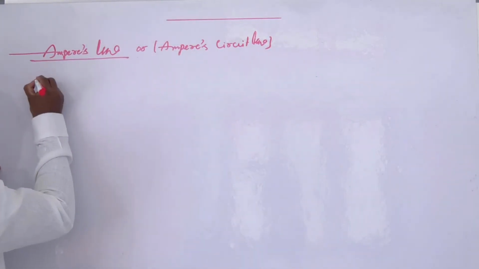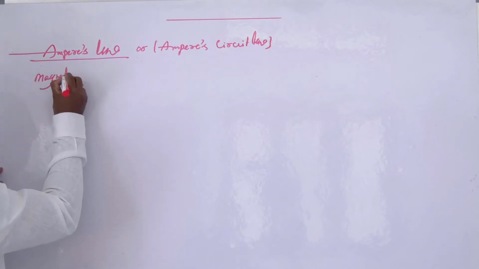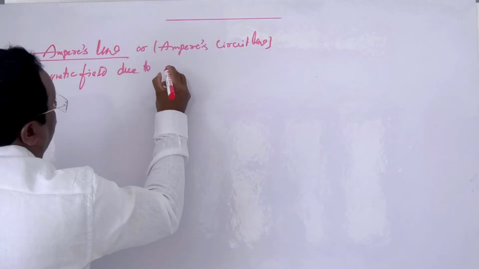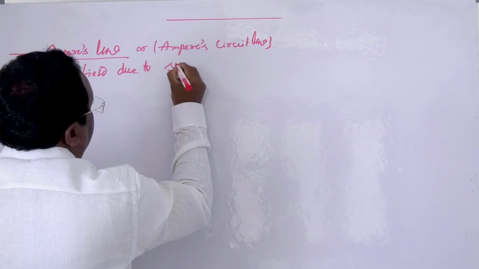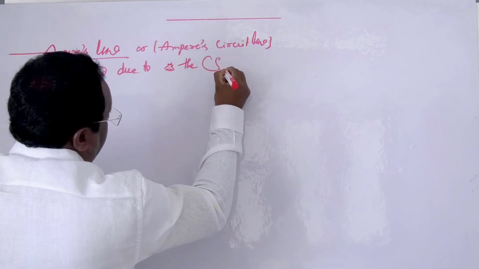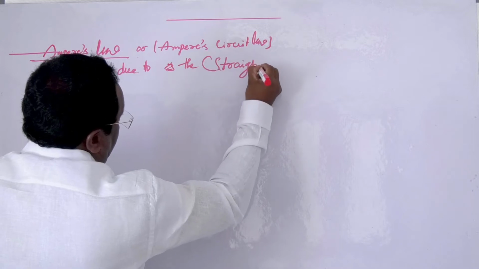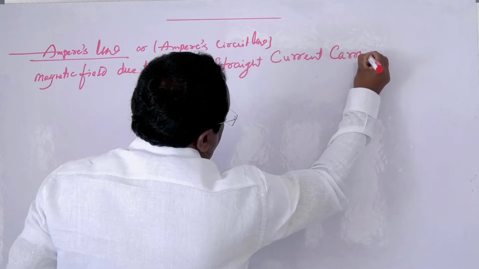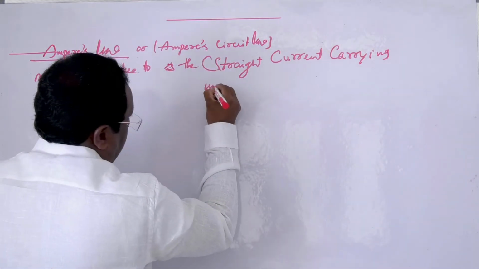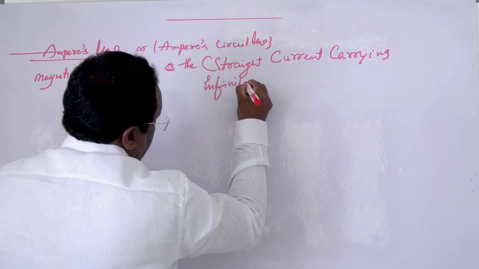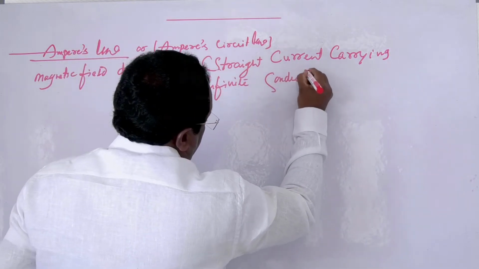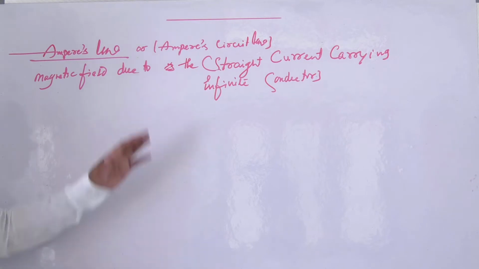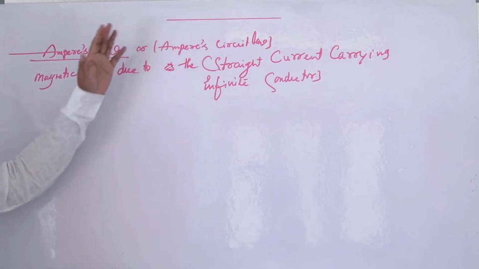To find the magnetic field due to a straight current carrying infinite conductor. If you want to find the magnetic field due to a straight current carrying conductor, we can go for Ampere's law.